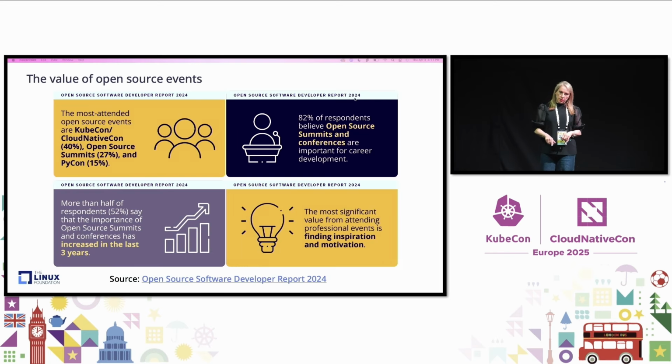And the hypothesis was, knowing what we know about KubeCon, knowing the kind of attendees at these events, and the value that we all walk out with when we leave here and say, gosh, that was worthwhile. I'm so glad my organization gave me the opportunity to travel. That was captured empirically in this data and this report, demonstrating that yes, KubeCon is the most widely attended event, followed by Open Source Summit and PyCon, but that a huge number of respondents get value as it relates to their career development.